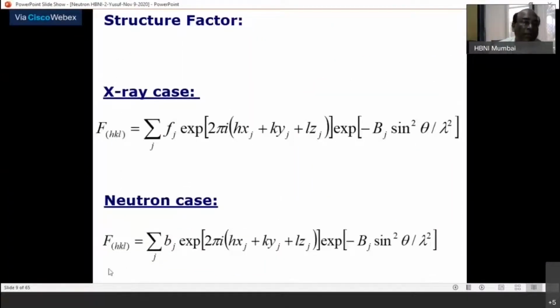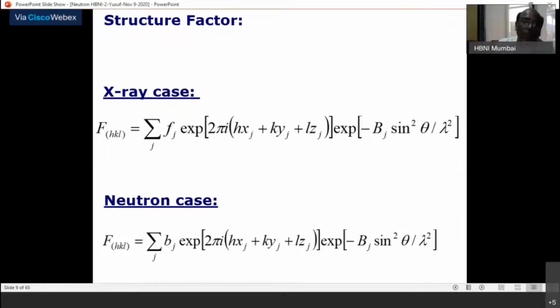Then what you get is called the structure factor. This is the Kittel-level understanding. For a given reflection HKL, this is the prefactor b, the scattering length. This is the phase factor, where you have the HKL peak and the position of that particular jth atom, xj, yj, zj. And this is your temperature factor, the Debye-Waller factor, due to the root mean square deviation of the atoms from their mean position.